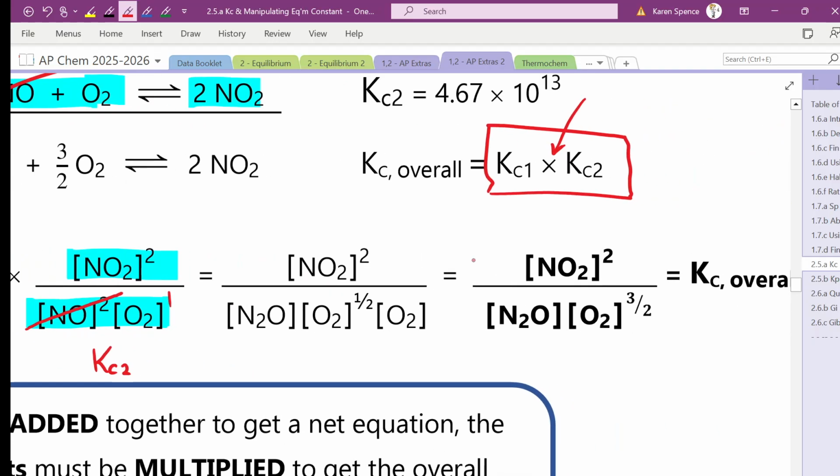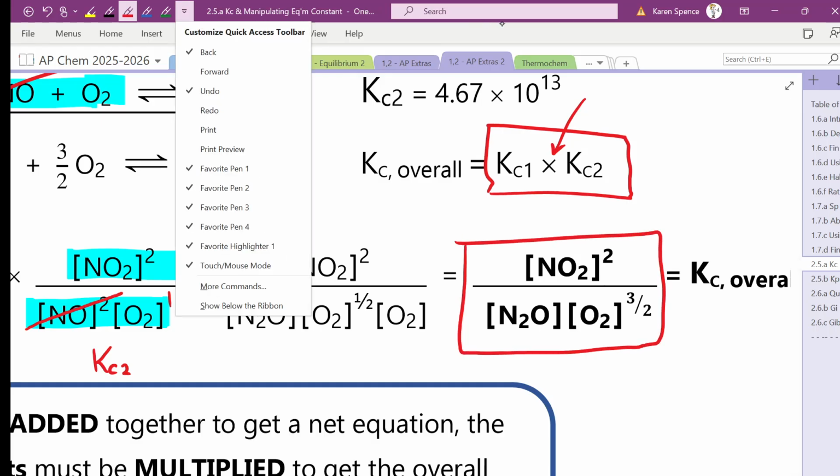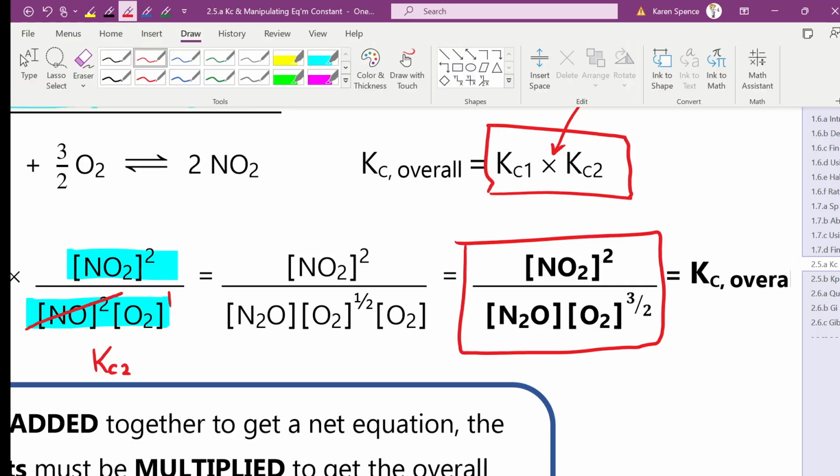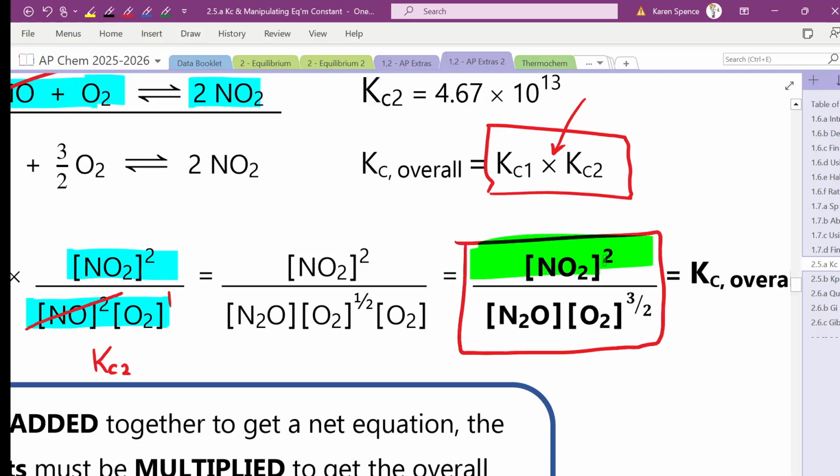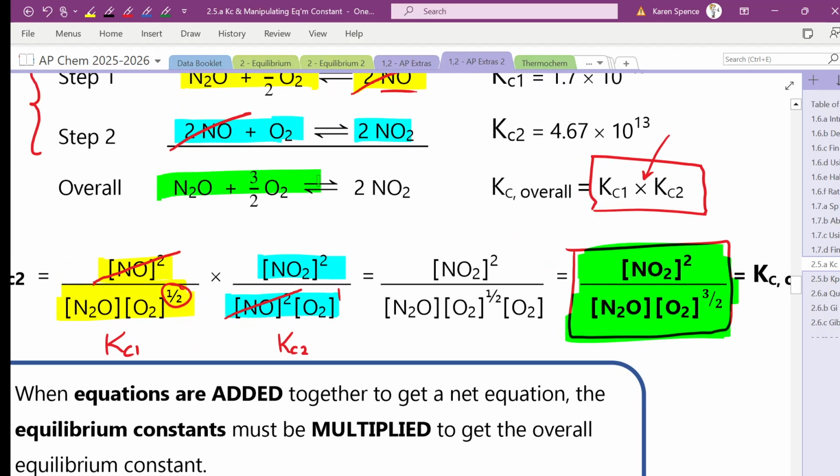There's our thing here. And if we look at this, does this match up with our overall equation? Lo and behold, it does. So that's why we can do that.